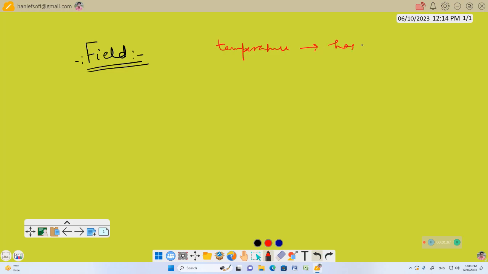For example, my room or your room, right? So we can measure this temperature at each point by putting a thermometer at that point.